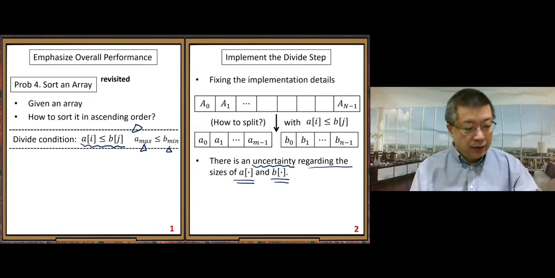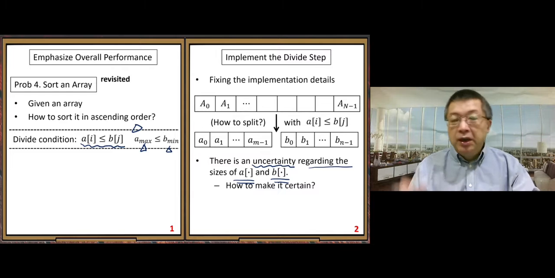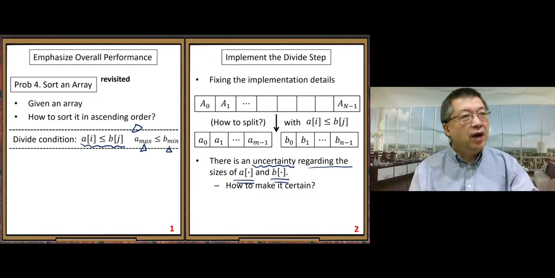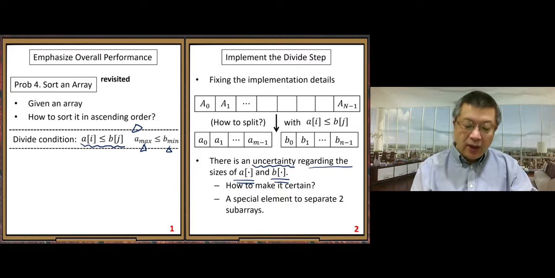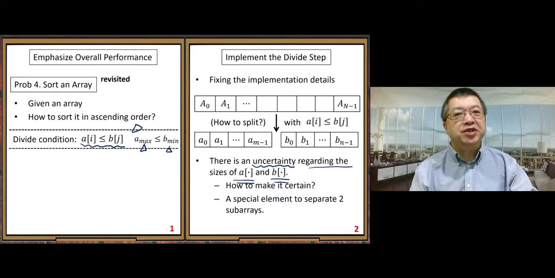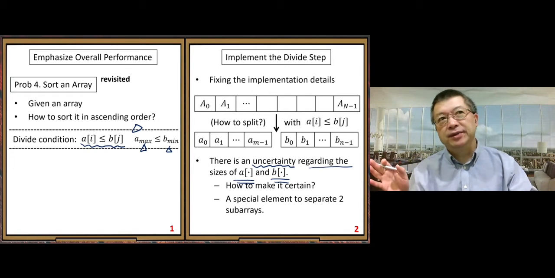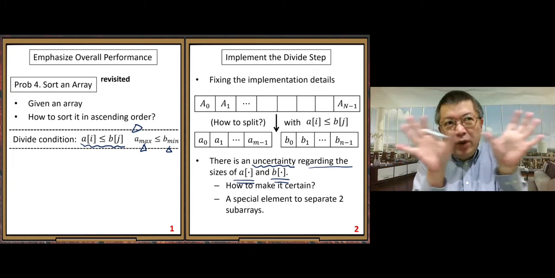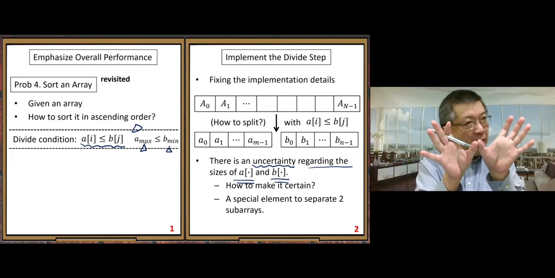But how to resolve that uncertainty? How to make it certain? It's not trivial. We need to do a lot of things to get that. To be more specific, we need some special element to separate the two subarrays. Later we need to join those two subarrays.